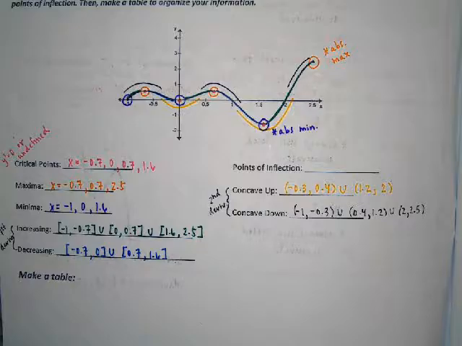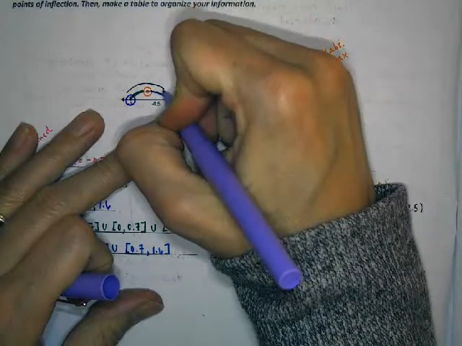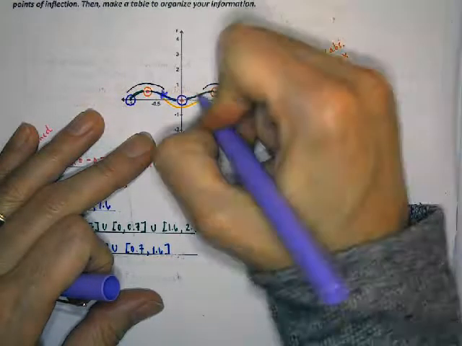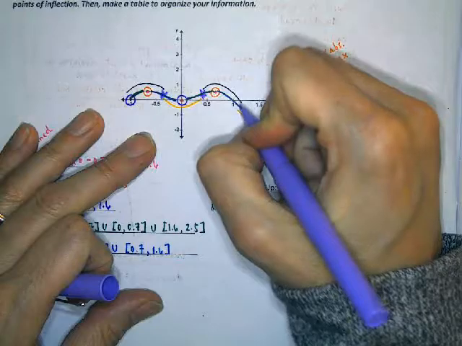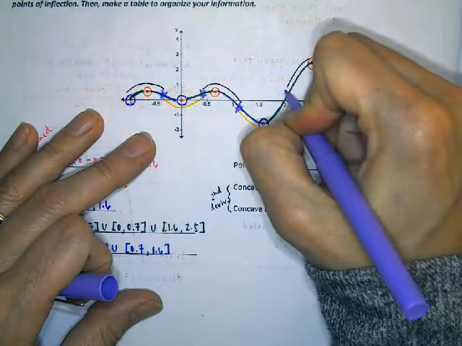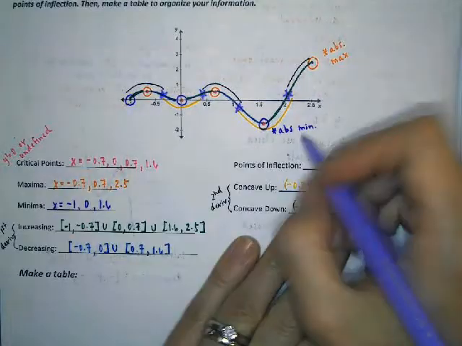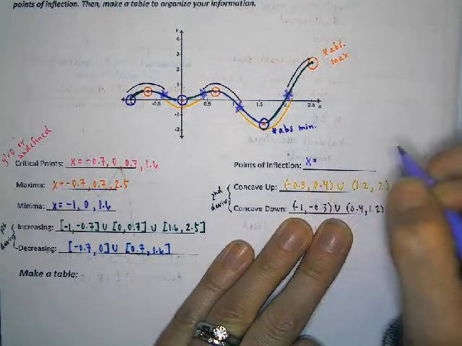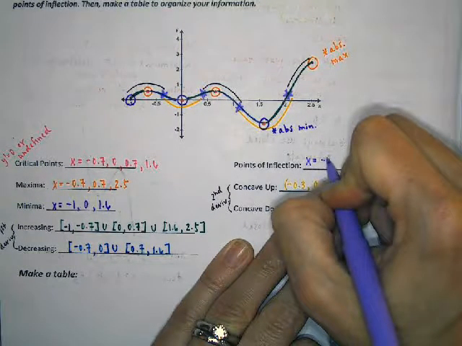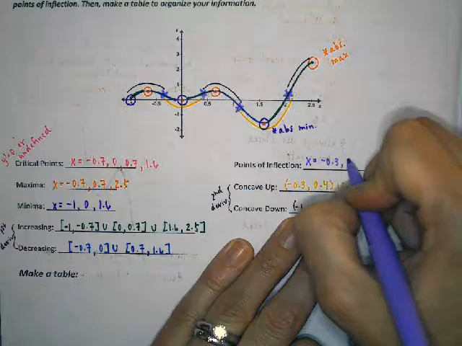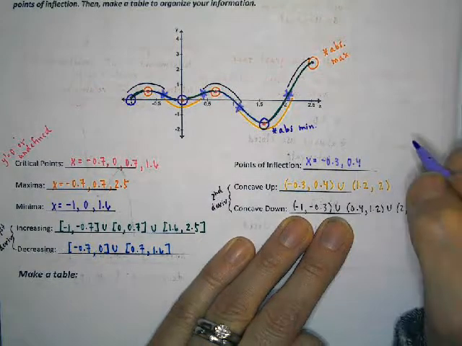So then our points of inflection are just going to be the points where we have a change in that concavity. So anywhere I change concavity, so here, and here, and here, and here are all going to be points of inflection. So we have negative 0.3, 0.4.